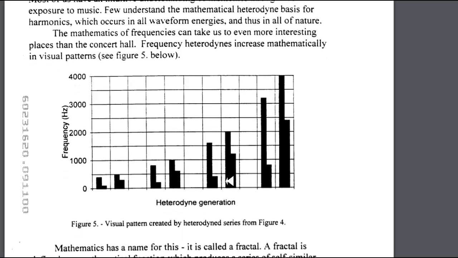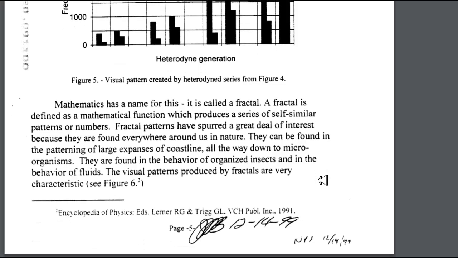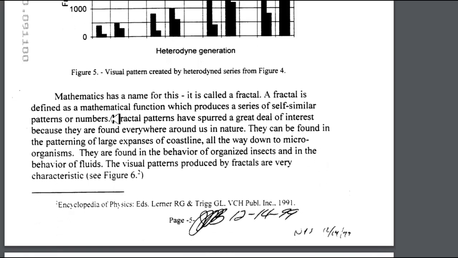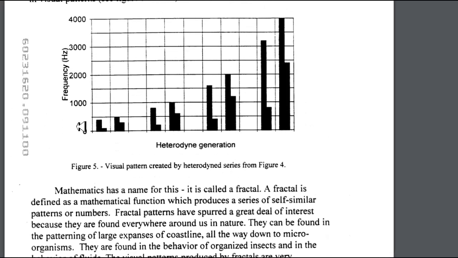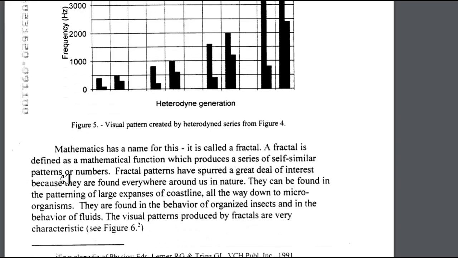What he's pointing out here is that there's a self-similarity between these pairs of heterodyning in this graph, and he talks about the fractal paradigm. You can see this pattern is self-similar to this pattern, which is self-similar to this pattern, and so on. And so he says mathematics has a name for this.